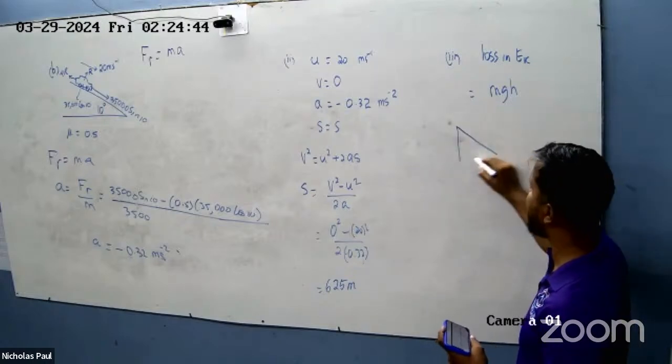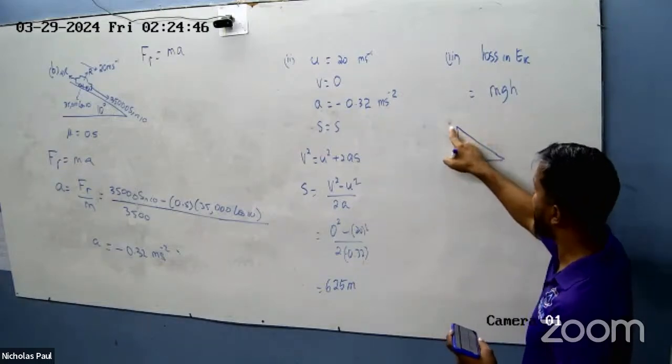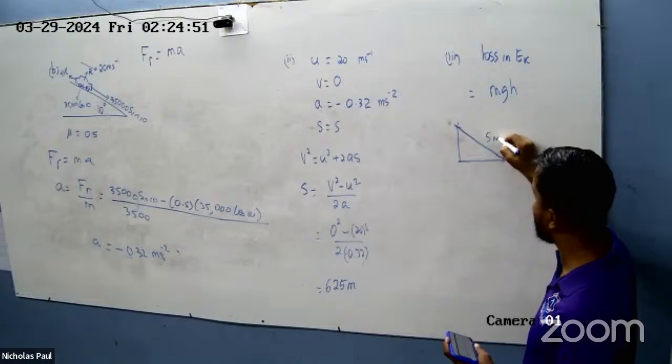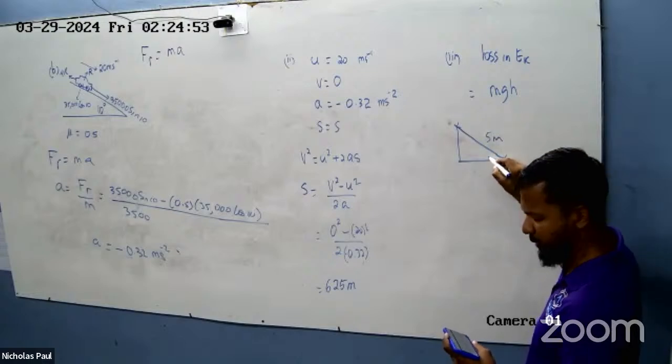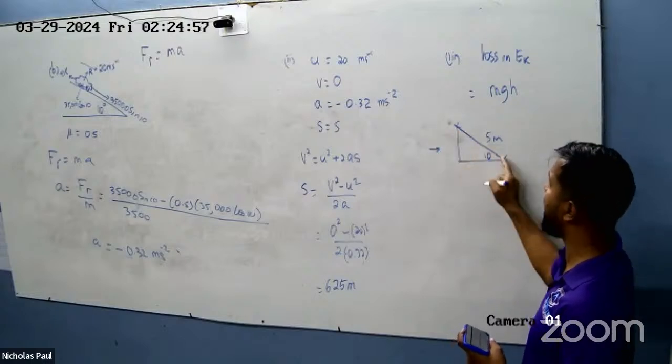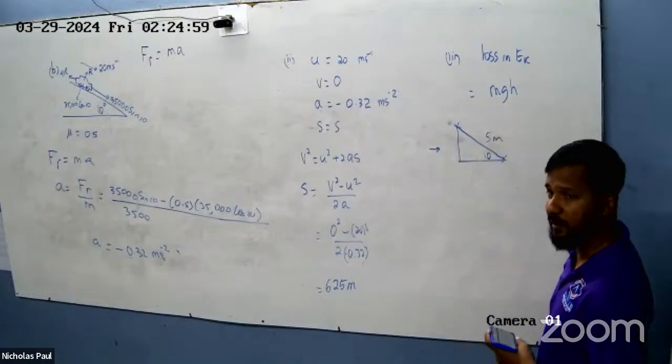So it drops the distance from here to here. Here to there is 5 meters. Here is how many degrees? 10. So if we know the drop in height, we can work out the loss in kinetic energy.